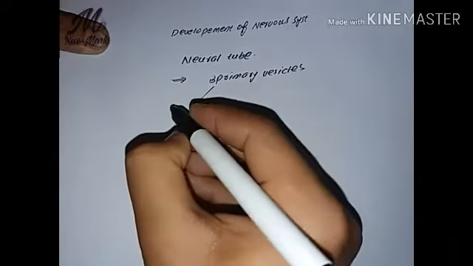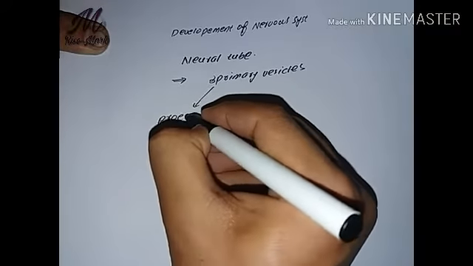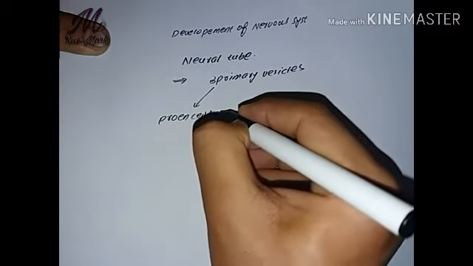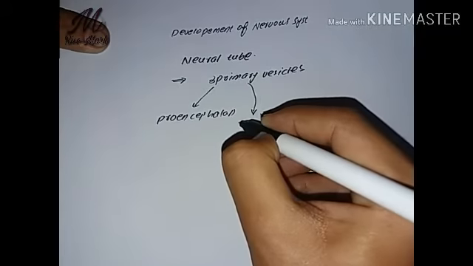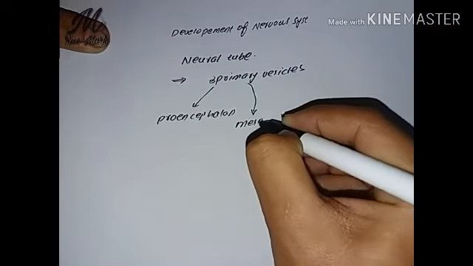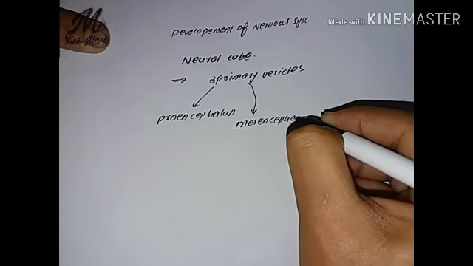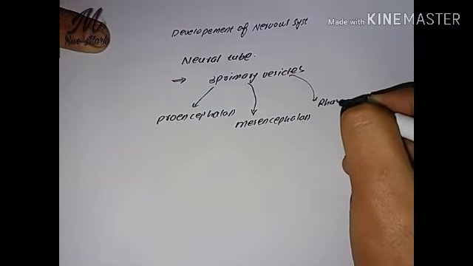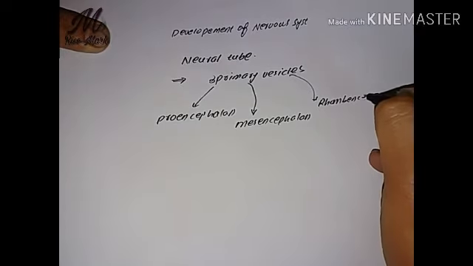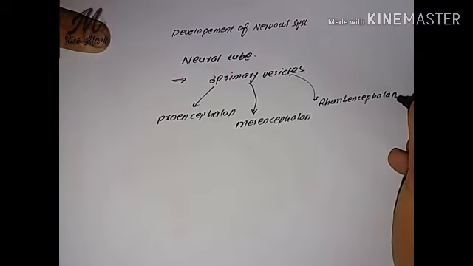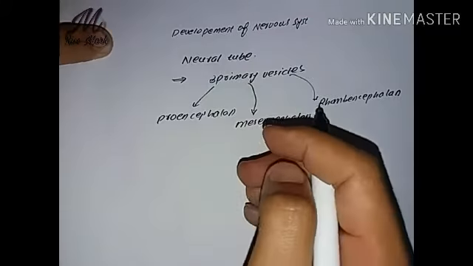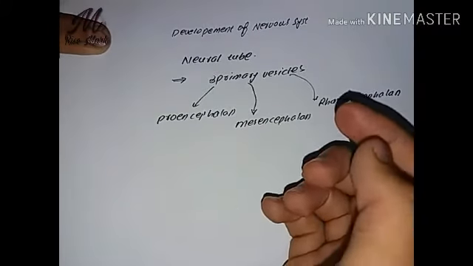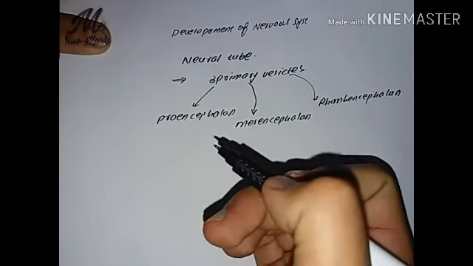These vesicles are the prosencephalon, mesencephalon, and rhombencephalon. Then these three primary vesicles differentiate into five secondary vesicles.